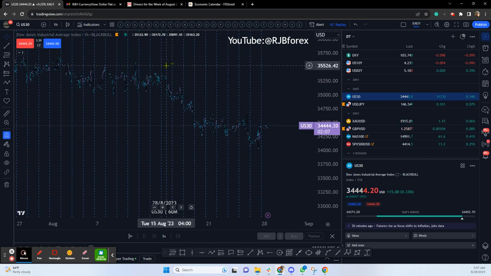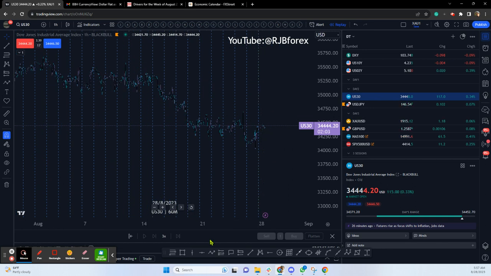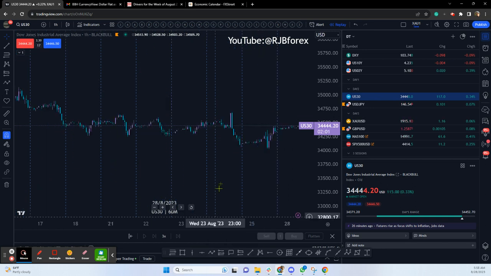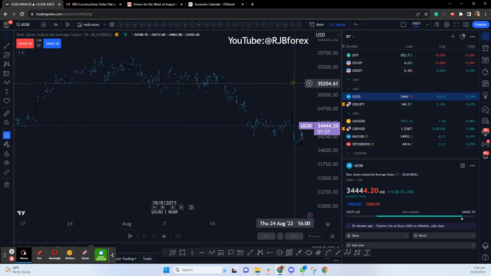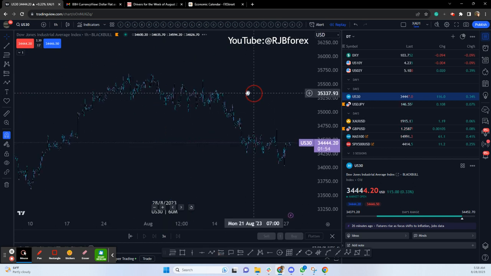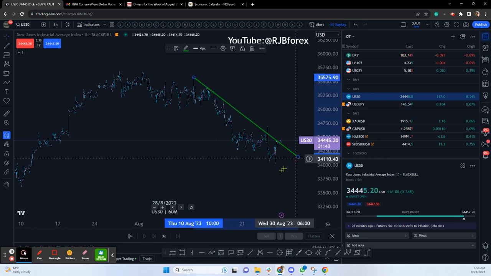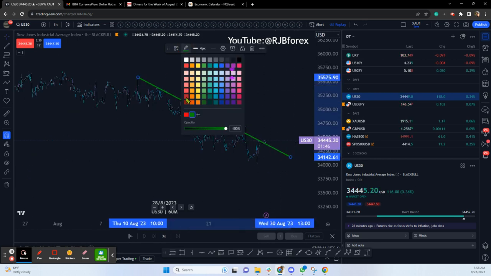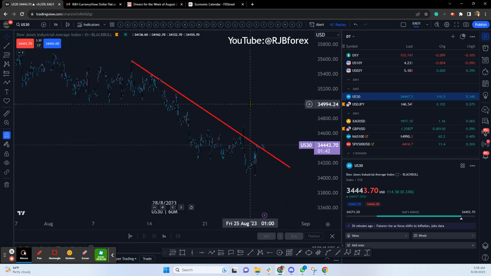Essentially, we are still front side of the bearish trend. So this is a bearish trend still. We've had no significant break to the upside yet.